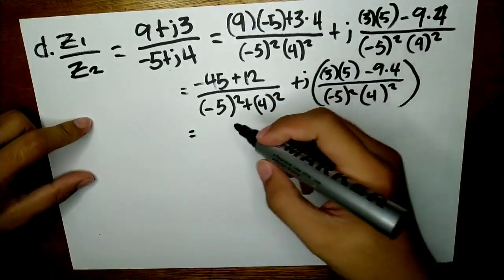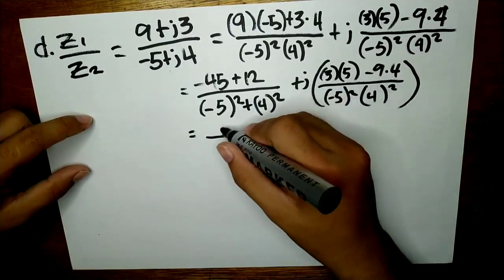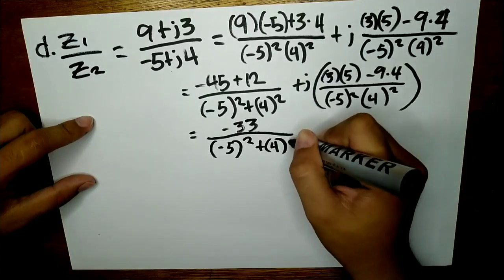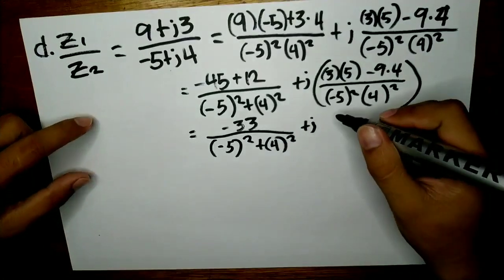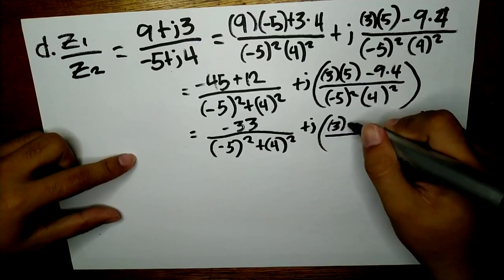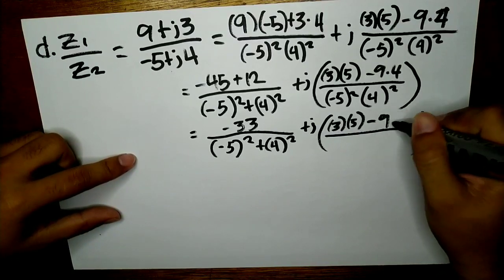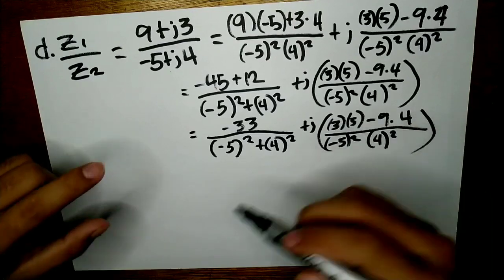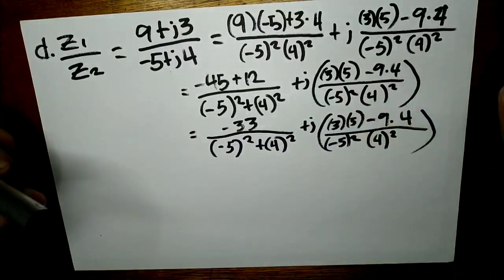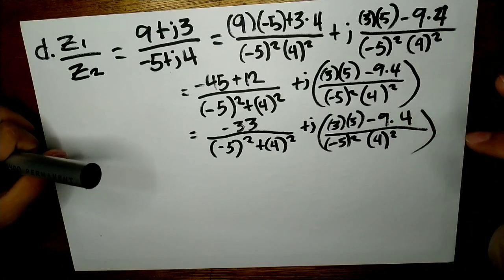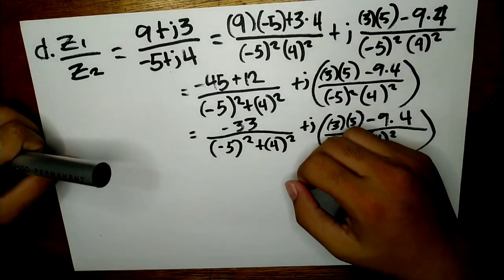So it will go like this one. Now after that, we need to simplify the denominator.